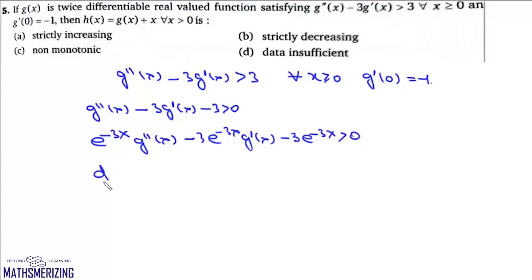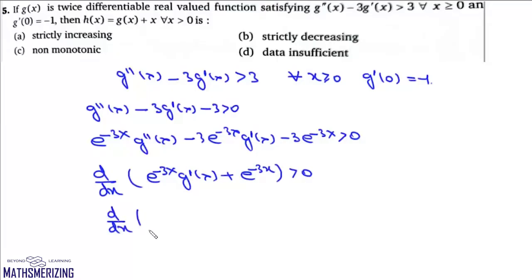Now this is nothing but the derivative of e^(-3x) g'(x) plus e^(-3x), and it is greater than 0. Now we can write this as d/dx of (e^(-3x) g'(x) + 1), it is greater than 0.